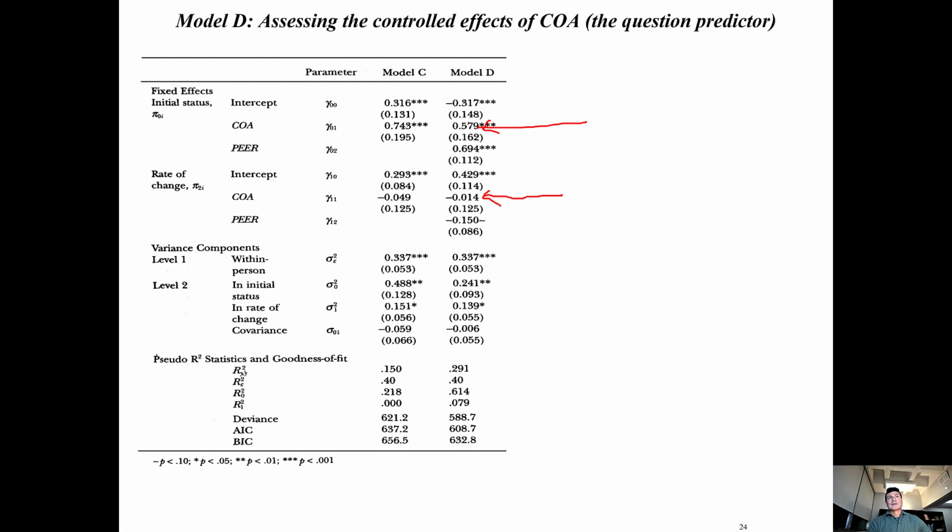So if your parents drink, you don't tend to drink more or drink less. If your peers drink a lot, it affects your initial starting point, and it doesn't affect how much you change. So it seems to affect where people start, but it doesn't affect whether they're changing more or less. So it's kind of an interesting analysis. Having these risk factors might get you started earlier, but it doesn't get you drinking a lot more or a lot less over time. It just affects where the person starts.